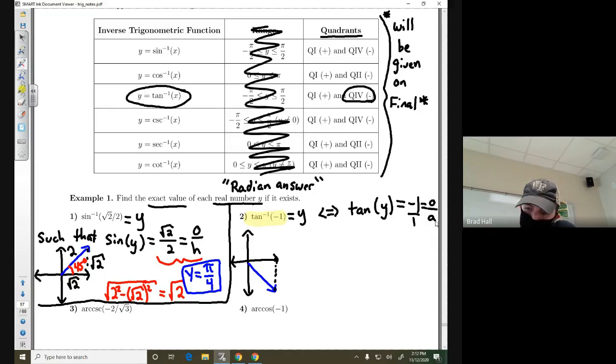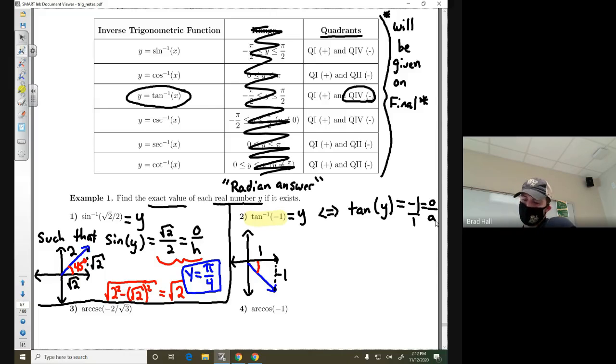So if the angle is here, then opposite, we're going to put 1 for now, and adjacent is 1. The negative has to correspond to this one, because that's the region going in the downward direction, which is a negative direction.